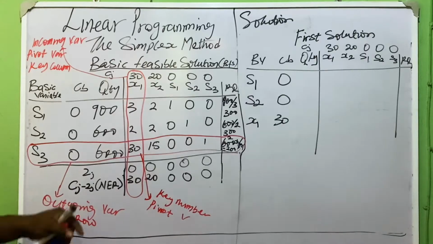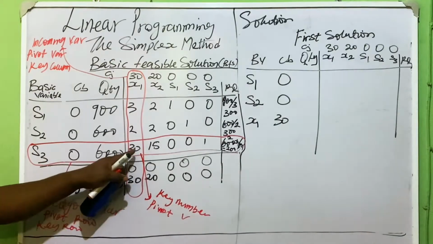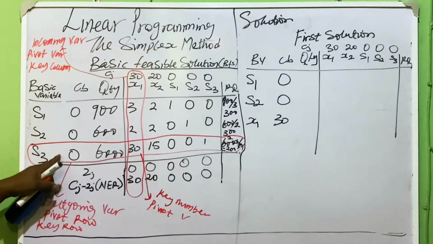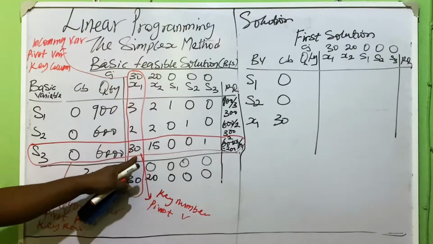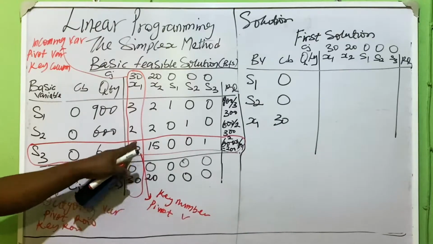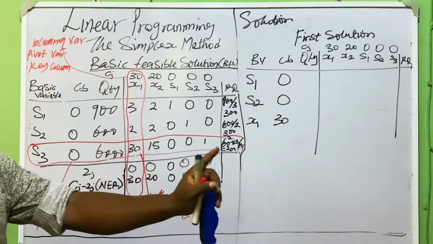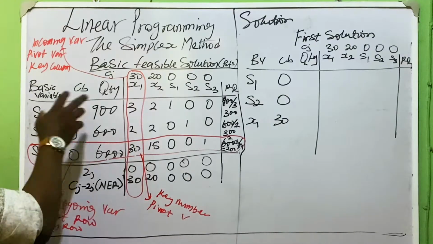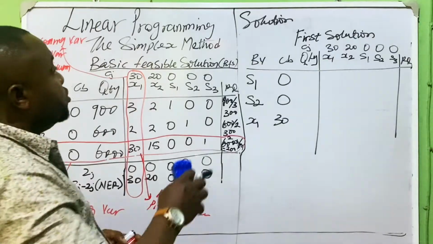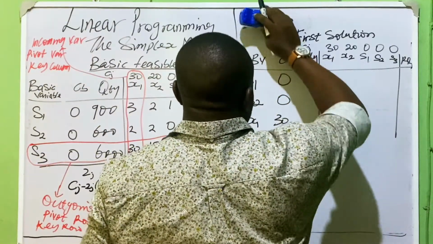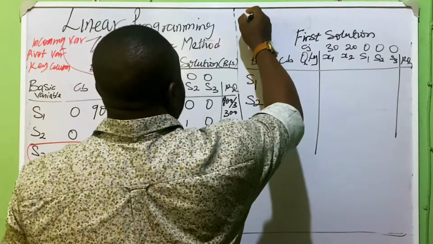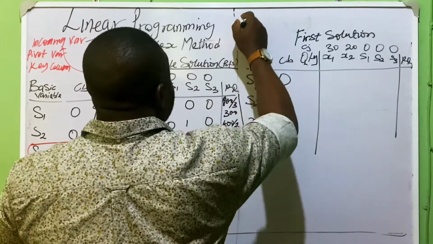For us to transform our key row, the rule says divide all the entries, all the values in that key row by the key number, which means we'll be dividing all the values from here, 6,000 by 30, 30 by itself, 15 by 30, all through to produce the transformed entries in the key row. So let me put it here. Transformation of key row S3.